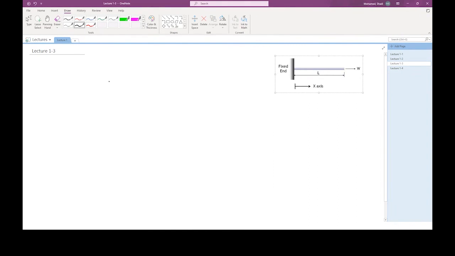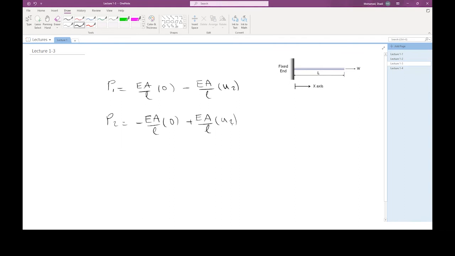So you have P1 is equal to EA over L multiplied with 0, sorry, is minus EA over L multiplied with U2. And you have P2 is equal to minus EA over L multiplied with 0 added to EA over L multiplied with U2.